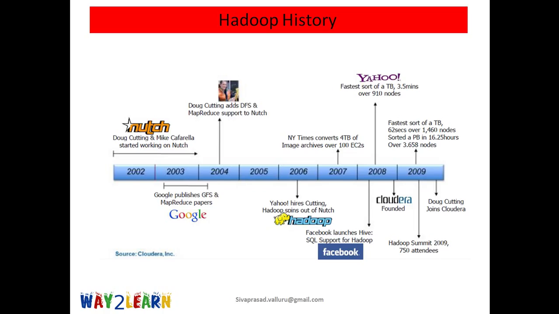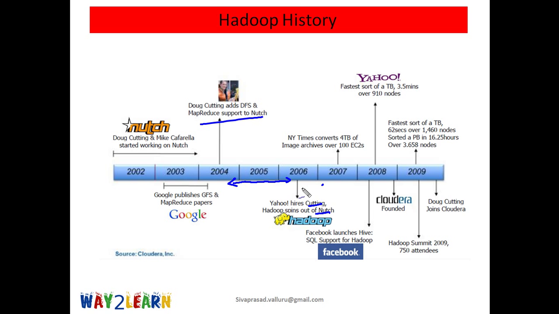Following these papers, Mr. Doug Cutting added distributed file system support and MapReduce support to his project Nutch. It continued for 2 years, and around 2006 Yahoo hired Mr. Doug Cutting and they spun off the Hadoop project out of Nutch, and Hadoop was made an Apache project in 2006.